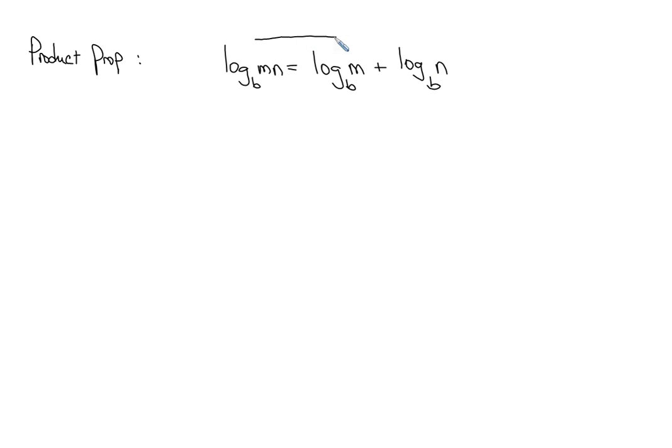And we said that going from left to right was expanding. Well, now what we're going to do is talk about going from right to left, which is called condensing. We're going to squeeze the logarithms back together. Properties go both directions, which you guys learned in geometry. So now they're going to give you something like this.